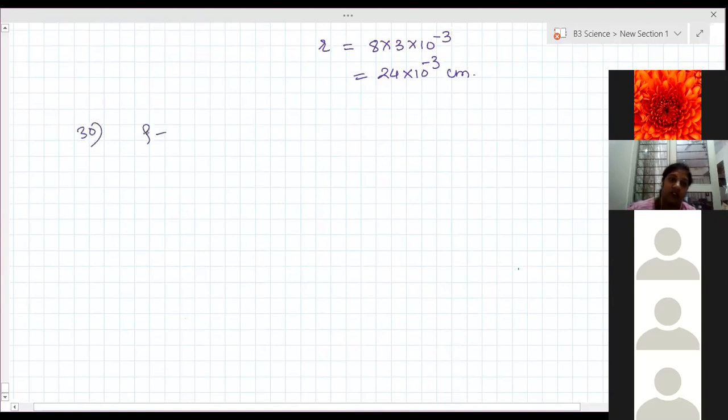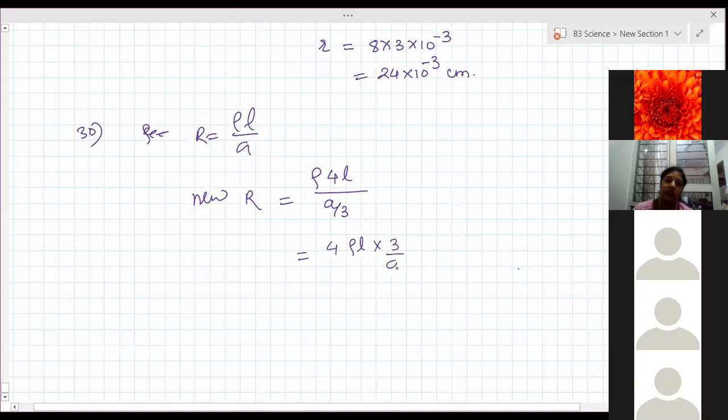Original resistance is equal to rho L by A. For the new resistance, L is 4 times and area is decreased by 3 times, so it is 4 rho L into 3 by A, that is 12 rho L by A.